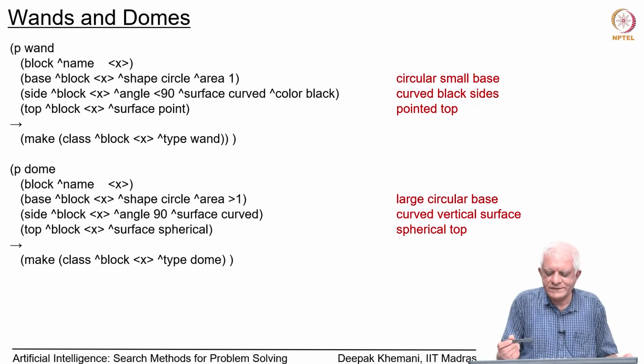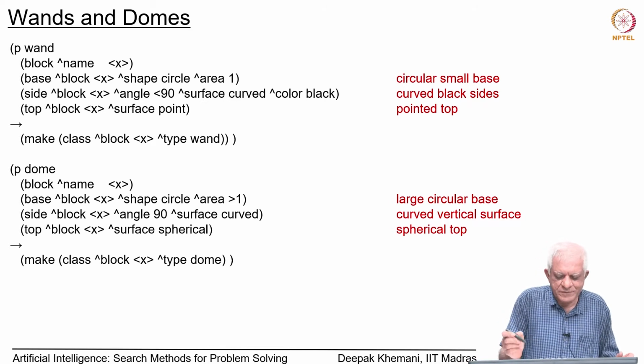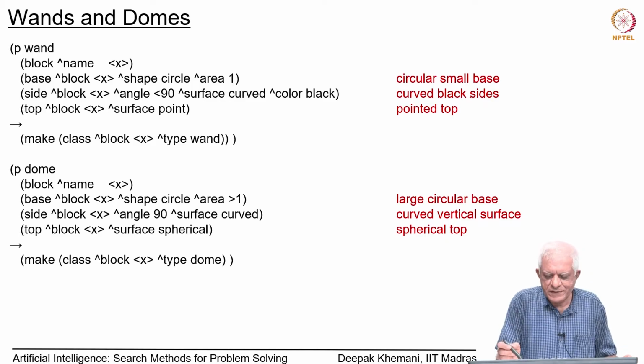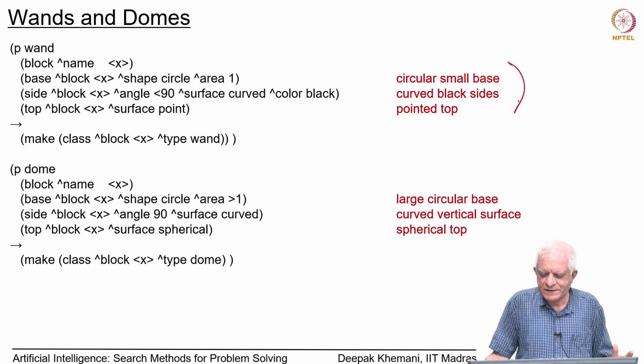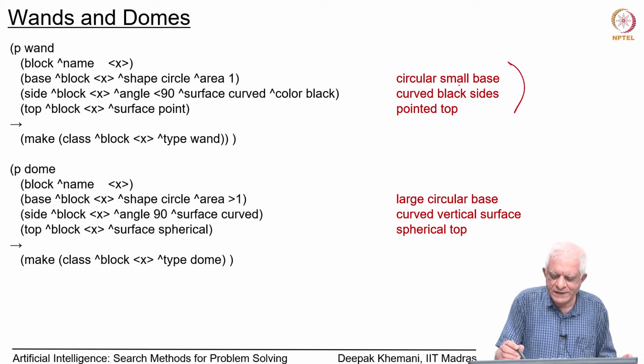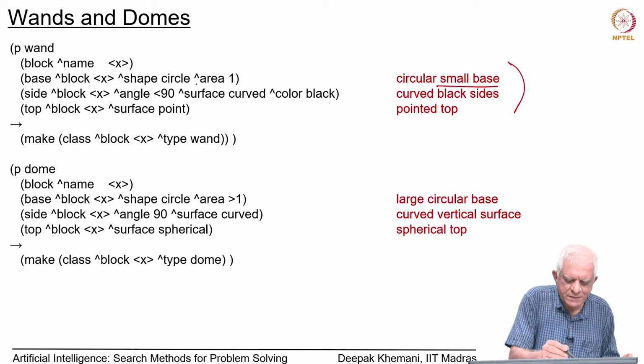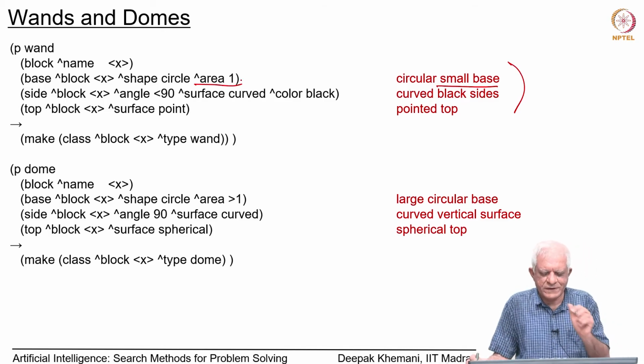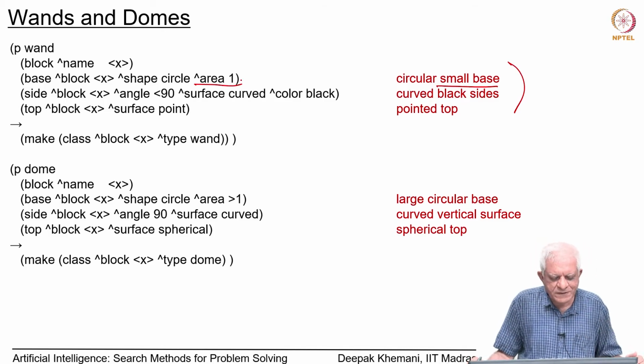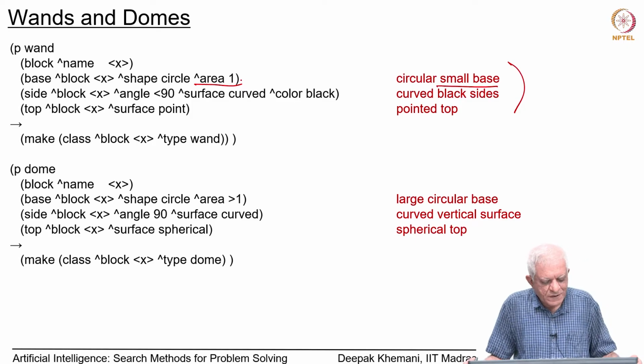A wand is a block with a circular small base, as described here, with curved black sides. We are assuming that wands are black and have a pointed top. A small base is depicted by saying area is 1 essentially. So, it is like a stick, except that it has a pointed top essentially, a black stick.